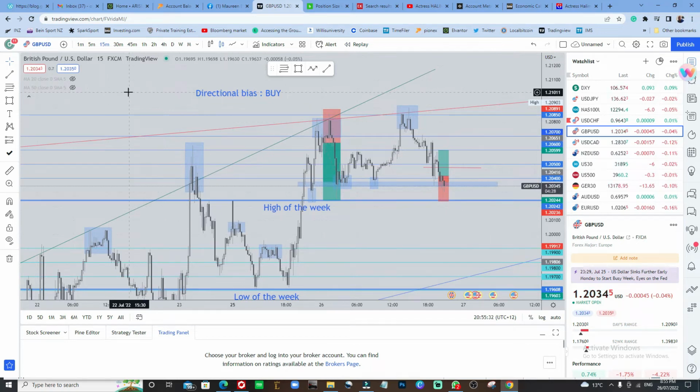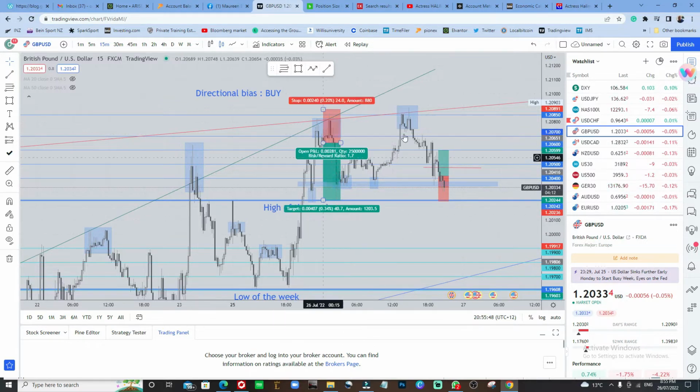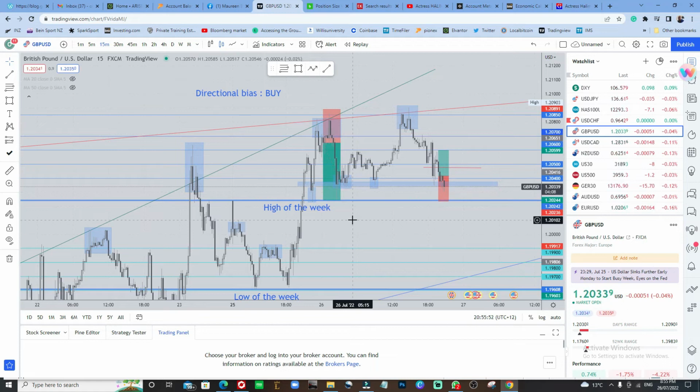This is GBP USD, and I started GBP USD as my first trade this week, 25th of July to 27th of July. Today is the second day of the week, which is 26th, as you can see on my screen here.